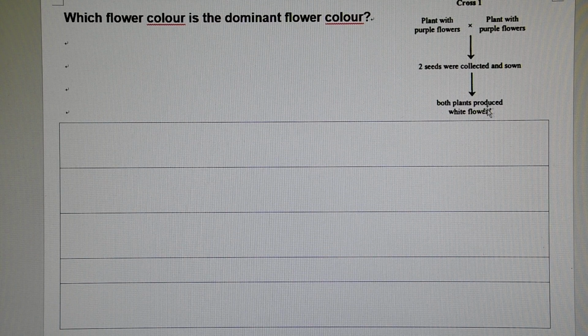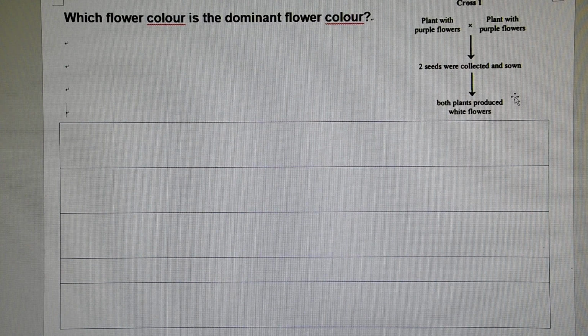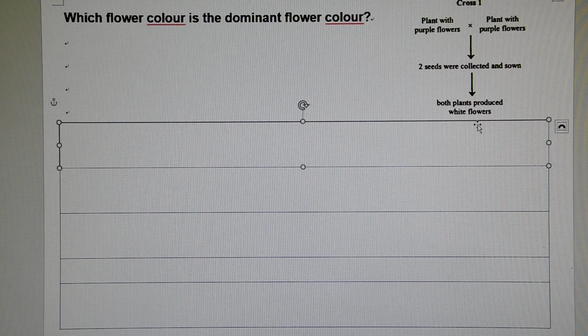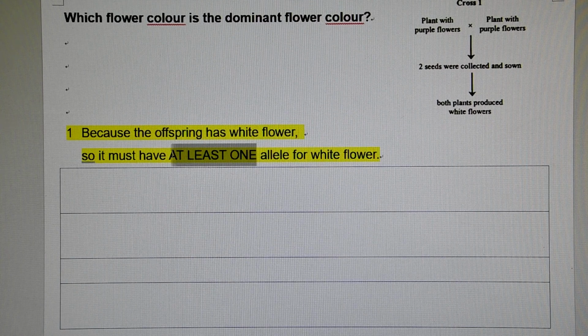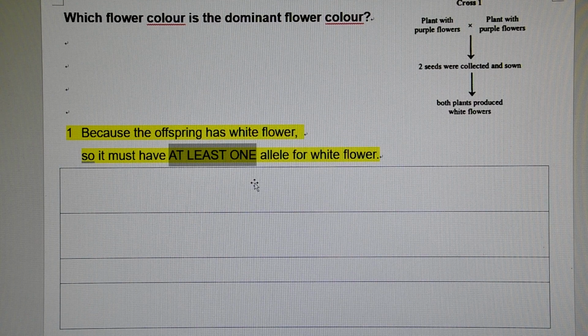Now some of you may say 2 because it is recessive, but don't forget that at this moment we're not sure. When we're not sure, the only thing that we can confirm is that if it has white flowers, it must have at least one allele for white flower. It can be 1, it can be 2, but we're not sure, but there is at least one.